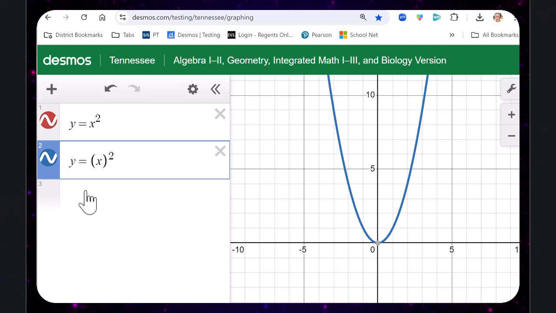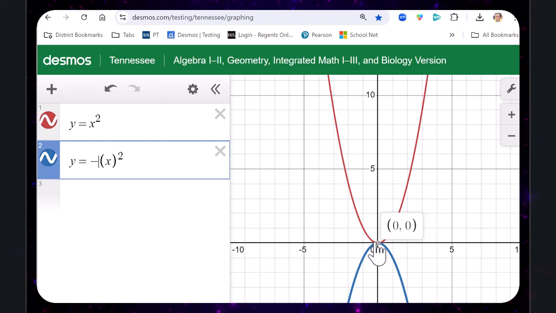A reflection is when you multiply either the function or the x variable by -1. So if I put a -1 out in the front, it might not have the 1 there, it might just have a negative, look what happens. That blue graph reflected over the x-axis. All of these y variables are now negative. 0 stays the same.